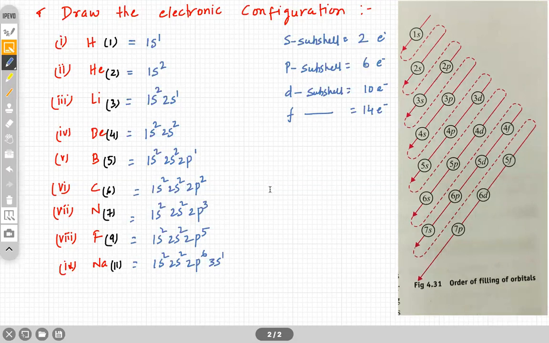SPDF, this is the maximum capacity we have. Finished, all of you? Okay.